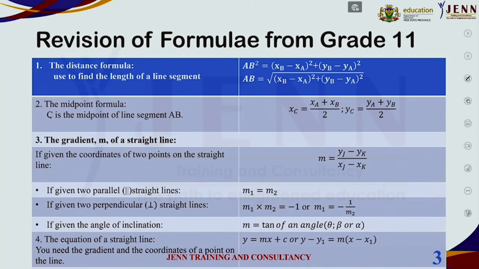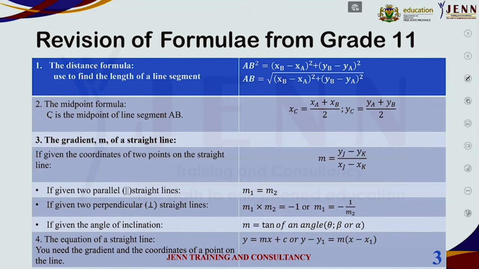Moving forward, as we speak of the gradient, if given 2 parallel straight lines, what is happening? We need to remember, my beautiful children, that the moment we have 2 lines that are parallel, they share the same gradient.